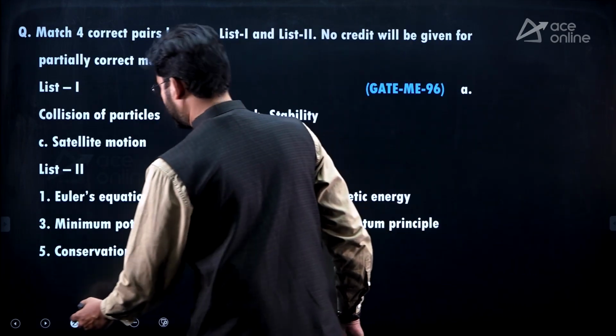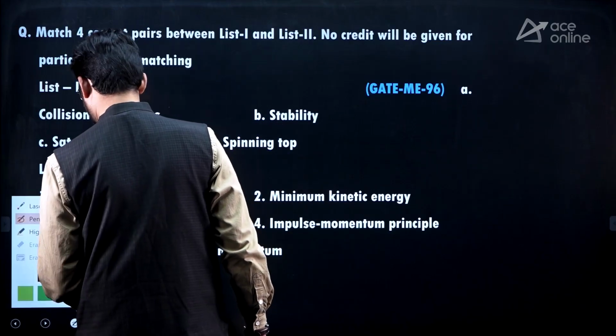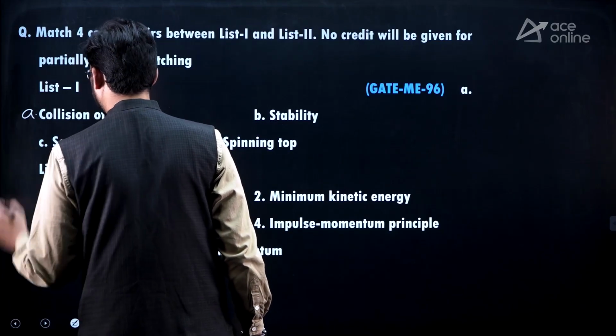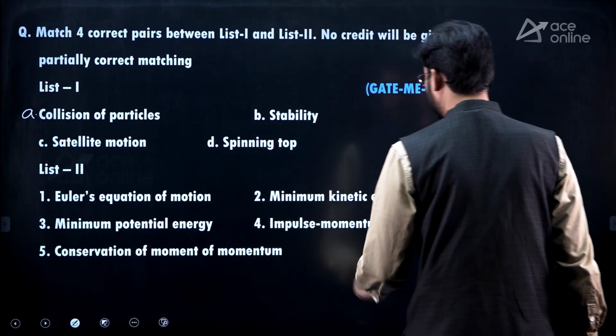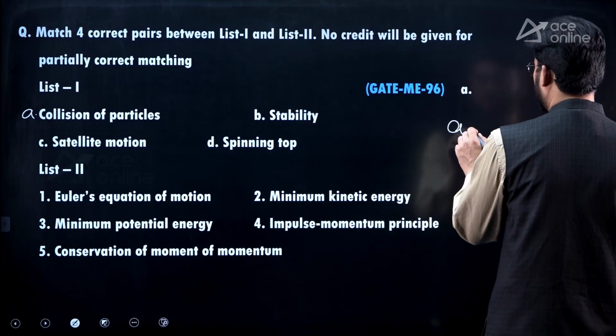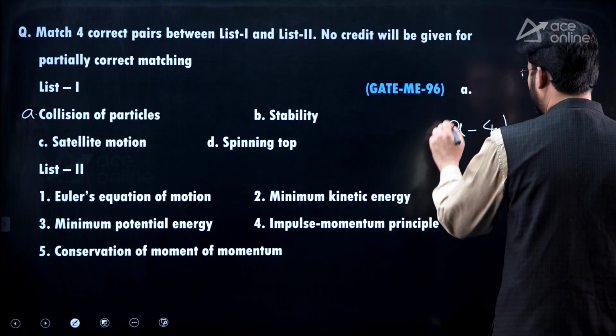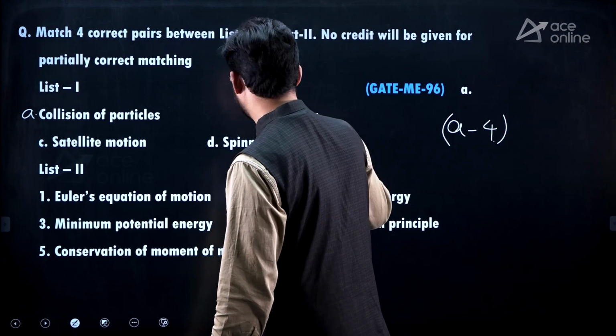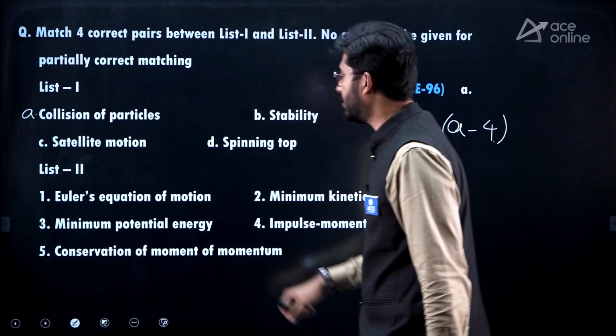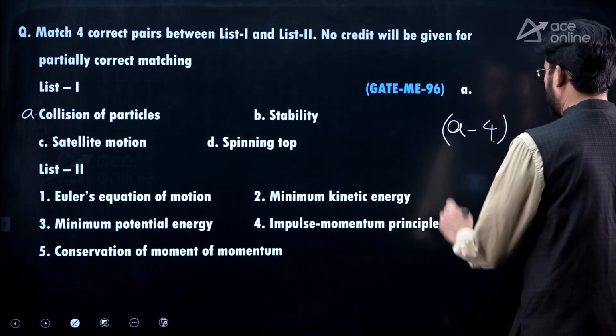So collision of particles is associated with impulse momentum, that is A4. Next is B3, that is with stability the minimum potential energy principle is applied, so that is B3.